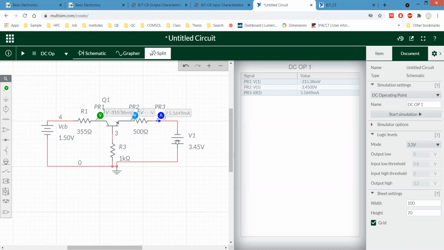Cutoff region means zero current, and saturation means there will be current flowing through it. So basically, you can use a transistor as a switch. This is one of the cases where you can use it.